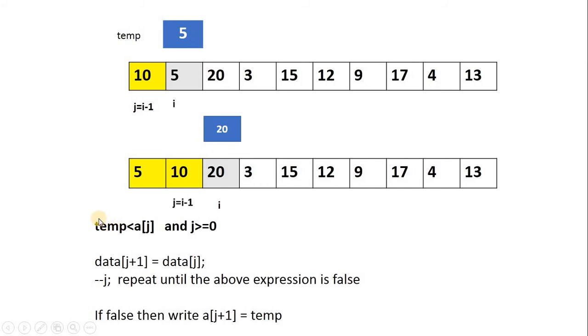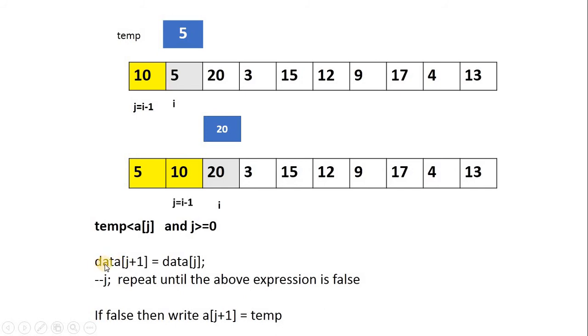Next, that's the same thing which we have written here: temp is less than A of J and J is greater than or equal to 0. We have to check these two conditions. If it is true, then data of J plus 1 is equal to data of J. Here I took the array as data.